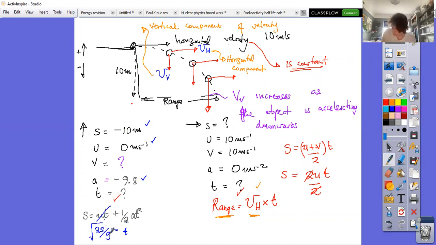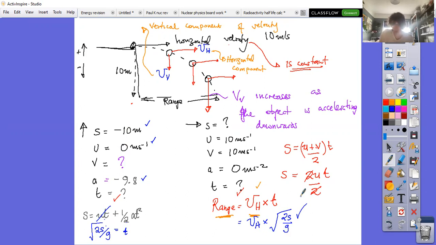These again would cancel out in terms of sign, and I'd have a positive number. So to find the range, my range is going to be given by the formula VH multiplied by root 2S over G. And that is my horizontal range. So far, so good.